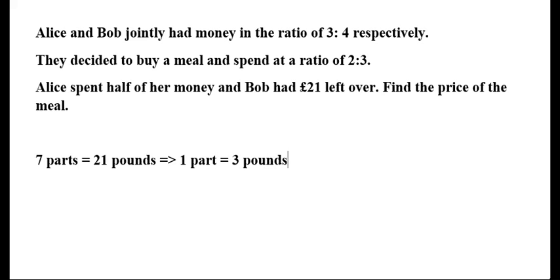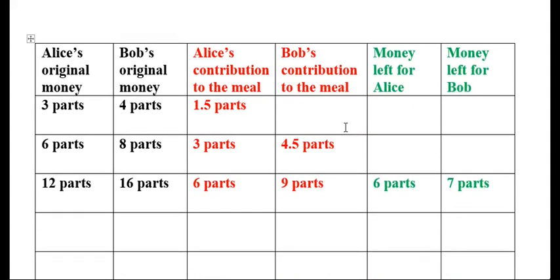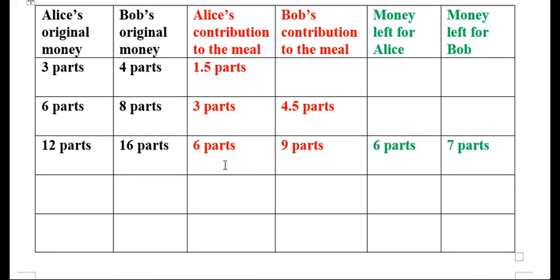So when they buy the meal, Alice contributes 6 parts, that is 18 pounds, because each part is 3 pounds, and Bob's contribution is 9 parts, that is 27 pounds. 3 times 9 is 27.